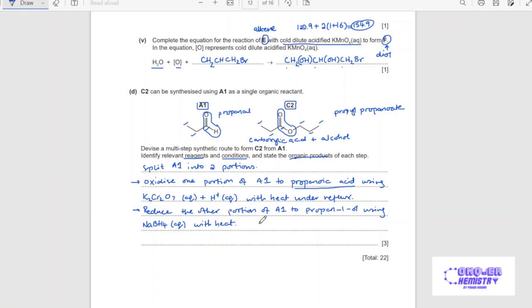Then finally, after these two steps, we're going to react the propanoic acid with the propan-1-ol.